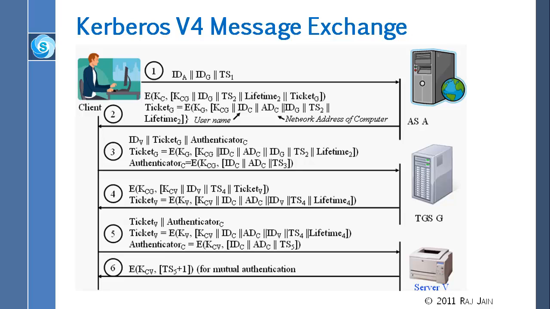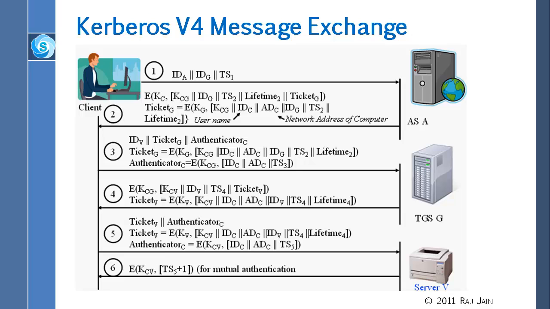This message is encrypted with what key? KCG, which is the day secret that the client and the TGS share, just for the day today. And so both of them know that. So this one encrypts that, and the only person who can decrypt is the client.